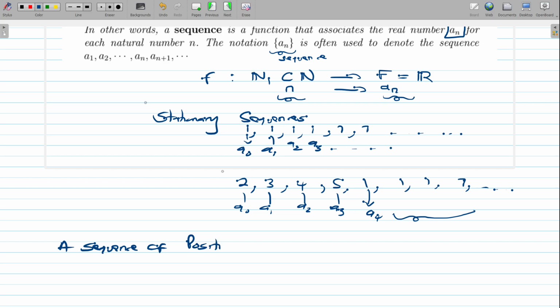We're going to have a sequence of positive numbers if for all values of n in the set n1, which is a subset of the set of natural numbers, every real number a sub n that is mapped to this n is greater than or equal to 0. Then this is a sequence of positive numbers.